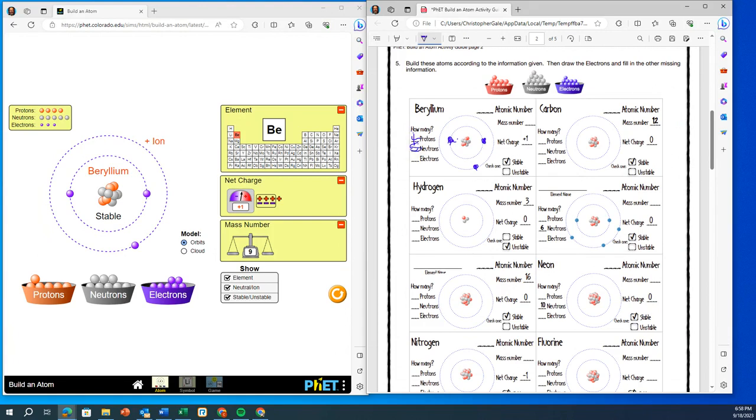And I have 3 electrons. The atomic mass is 9. You get that from that balance there. The mass number, I'm sorry, the atomic number is the number of protons. So this is 4. Atomic mass goes here, that's 9. And that's how I do that first one.